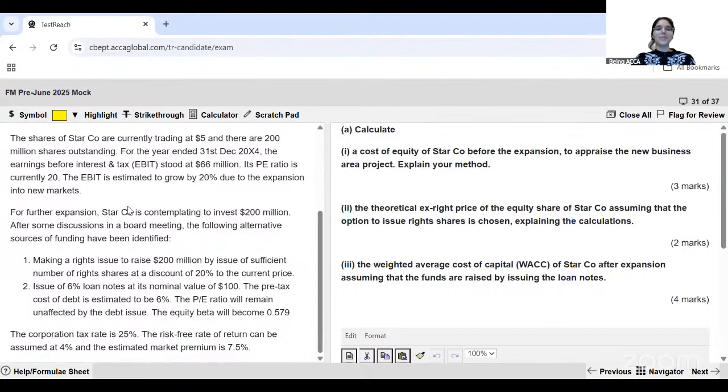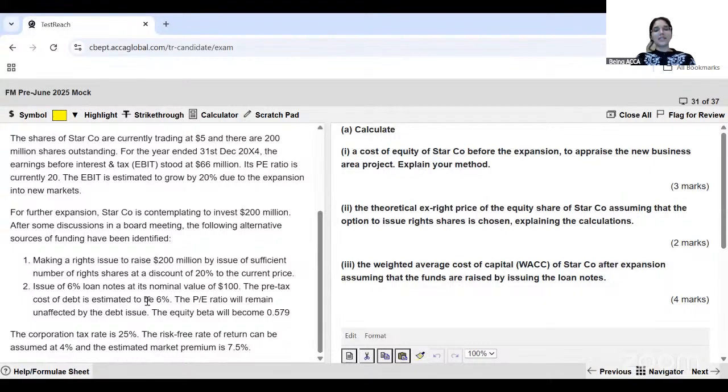For further expansion, Star Company is contemplating investing $200 million. After some discussions in a board meeting, the following alternative sources of funding have been identified. Option 1 is a rights issue to raise $200 million by the issue of a sufficient number of rights shares at a discount of 20% to the current price, or another option is the issue of 6% loan notes at its nominal value of $100.